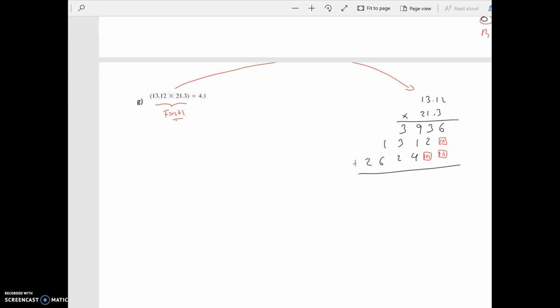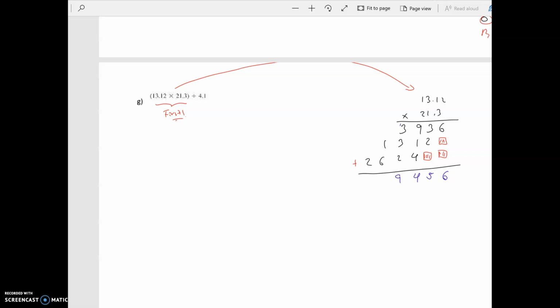So we're looking at the first value. Let me use a different color. This is going to be 6. Then this is going to be a 5. That's 10. Plus 4 is equal to 14. You carry 1. Let me just put it there. So that's 3, 6, 8, and 1, 9.